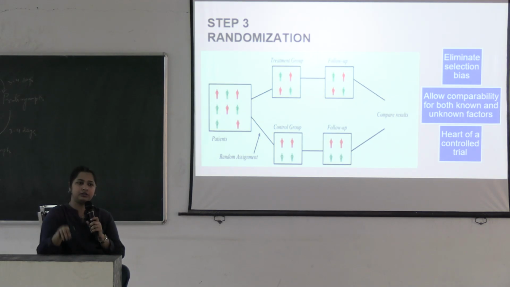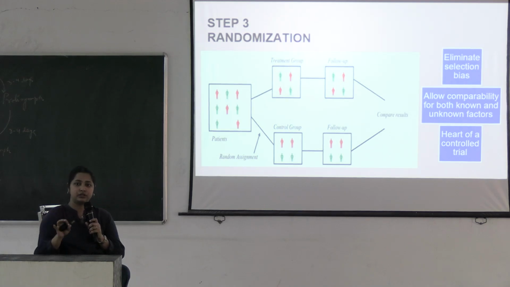So that is why randomization is the best way to do that. Without the investigator's control, anyone can be assigned to any group. So after a particular number of people, the factors are almost similarly distributed in both groups. Both the known factors, maybe male, female, age distribution, and the unknown factors, maybe some other factor that you are not accounting for, that you have not thought of.